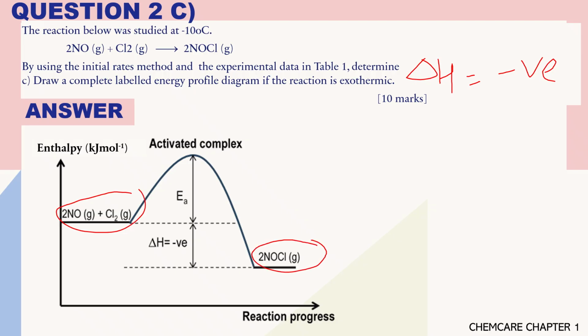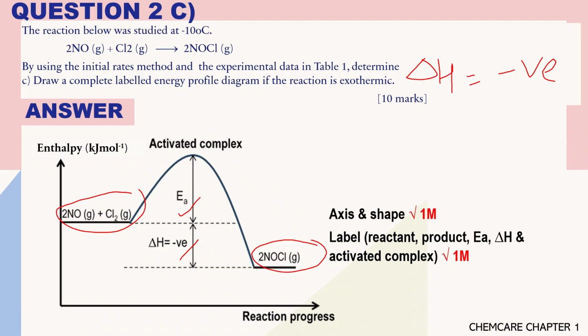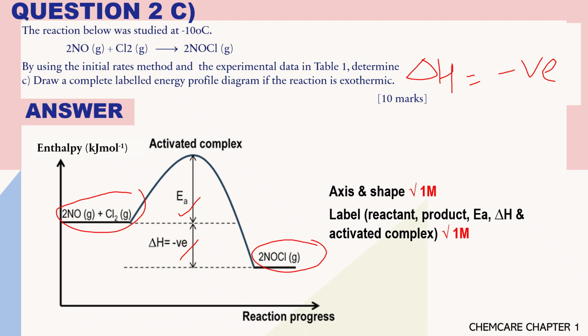And don't forget to label the activated complex on the top of the curve. From the reactant to the activated complex is called Ea, activation energy, while the difference between the reactant and product is the delta H with negative value. So the mark is given if you draw the axis and shape correctly and label reactant, product, Ea, delta H and activated complex, 1 mark.